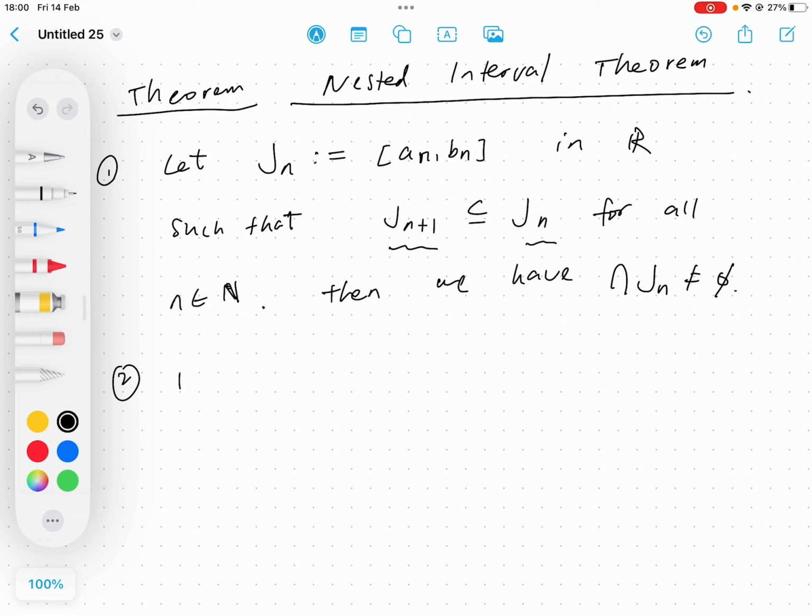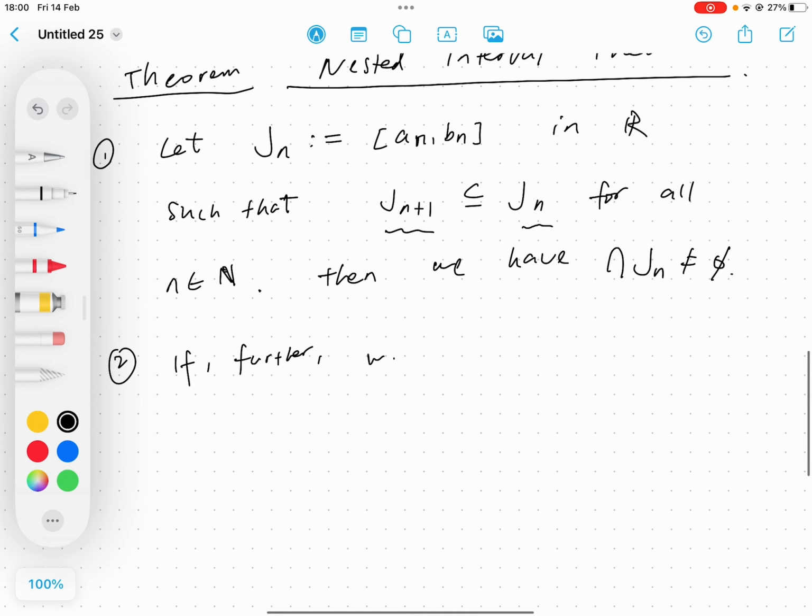Furthermore, we assume that the limit of the length of Jn converges to 0 as n goes to infinity.